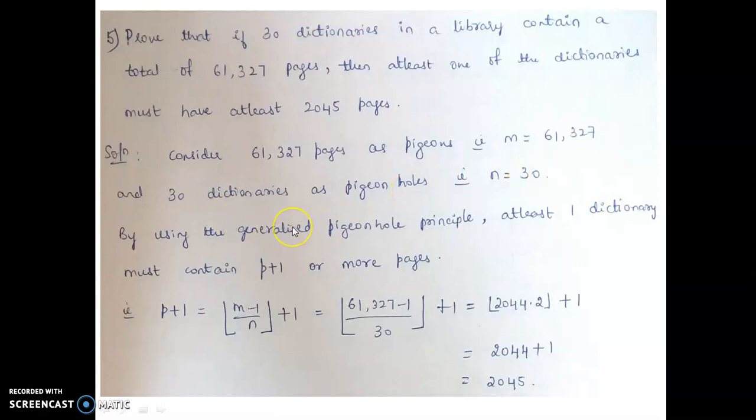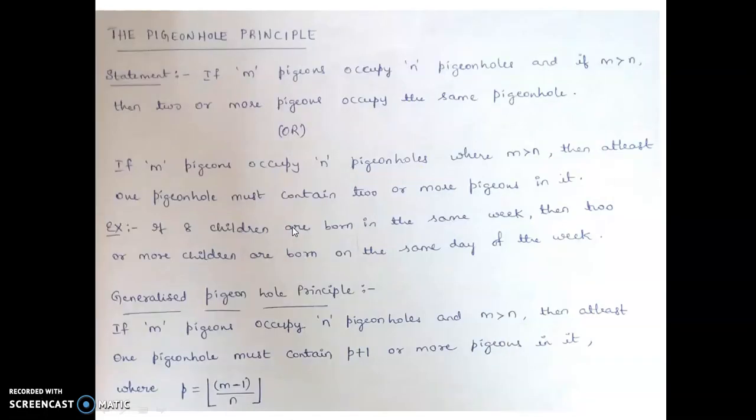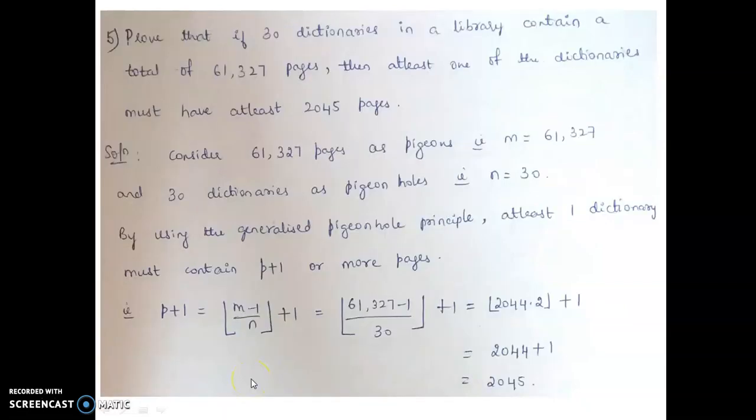By using the generalized pigeonhole principle, at least one dictionary must contain p plus 1 or more pigeons. So p plus 1 is equal to (m minus 1) divided by n.